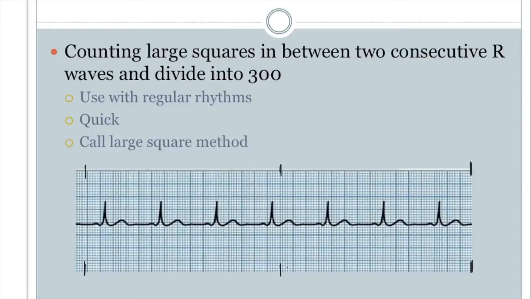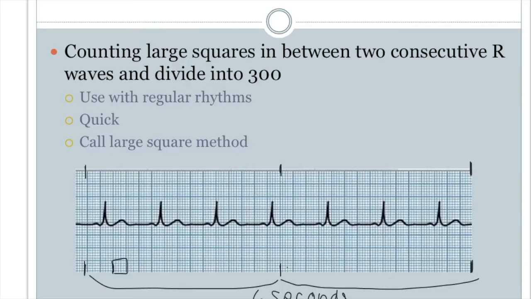Now for the large square method, we're going to be counting each of these bigger squares right here. Remember from our last slide that this is 3 seconds, 3 seconds for a total of 6 seconds. So we're going to count the number of large squares between 2 consecutive R to R waves.